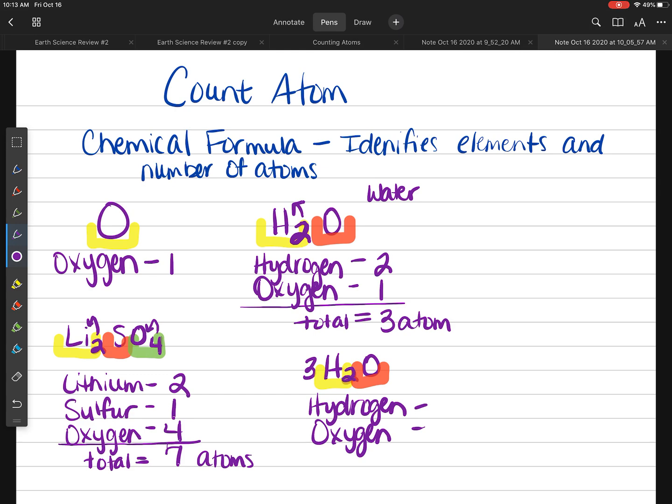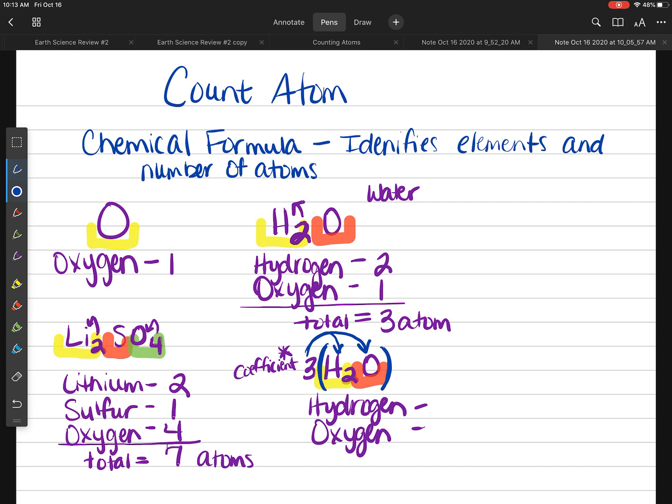The thing about this chemical formula is we have this 3 out front. That's our coefficient. When you have a coefficient, it is telling us that we have 3 water molecules. So we have 3 H2Os. Then all we have to do for this type of situation is distribute that 3 to everything within that chemical formula. So we're going to say we have 3 H2s and we have 3 O's.